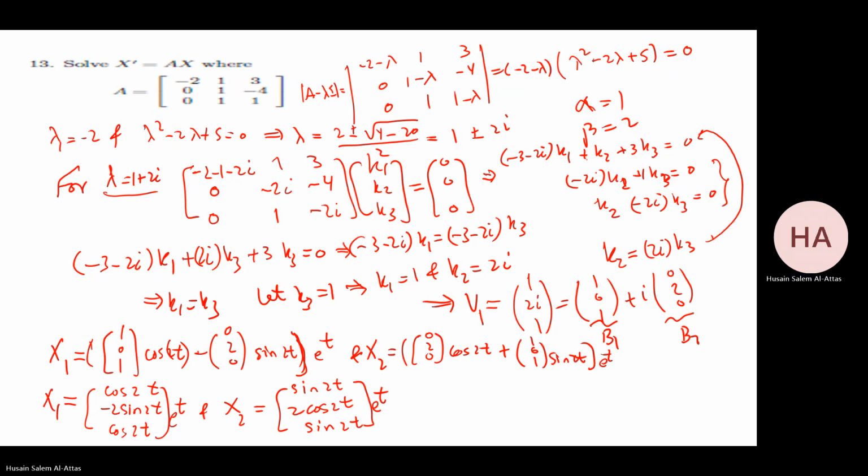A2. That will be 2i, so that 2. Two, 0, 2, 0. Sine 2 cosine sine.